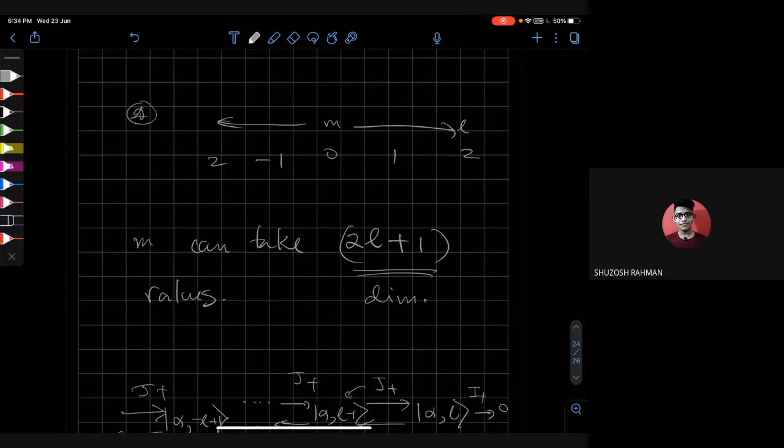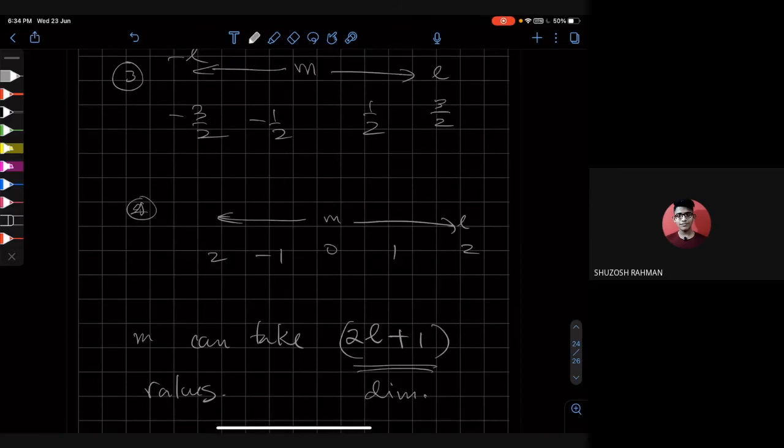So that's something you have to choose. Once you've chosen that, the number of values that M can take is given by 2L plus 1. And that value starts from positive L and decreases by 1 down to negative L.